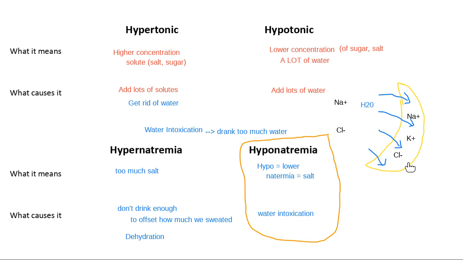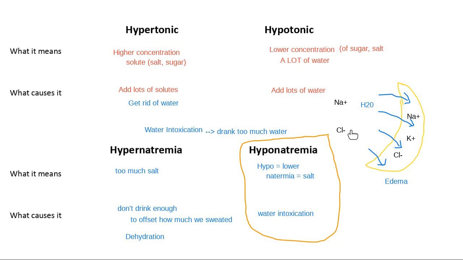Does anyone happen to remember the name of what I call it when water rushes into the cells? There's a special word for when they swell up. Does anyone happen to know? I'm making you think back in the day. I'll help you out because we didn't use that word very much. The word for when a cell or a body part swells because of water, it's called edema. Edema, swelling.